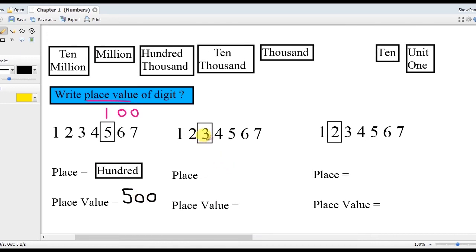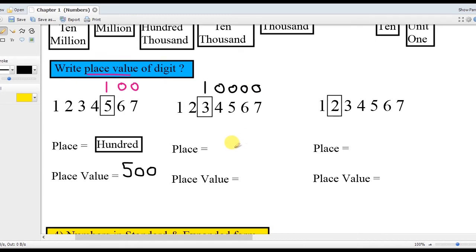We need to find the place value of digit 3. First we find the place of this digit 3. Write 1 above it, and there are how many digits after it? 1, 2, 3, 4. So write 4 zeros. Now what number is it?